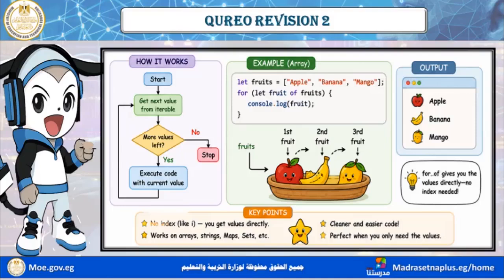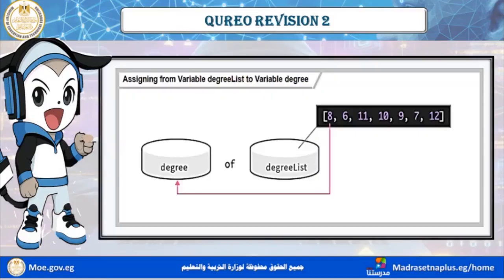So it's cleaner and easier code, and it's perfect when you need the values, and it works on arrays, strings, maps, and so on. So we have here a variable degree and a degree list.